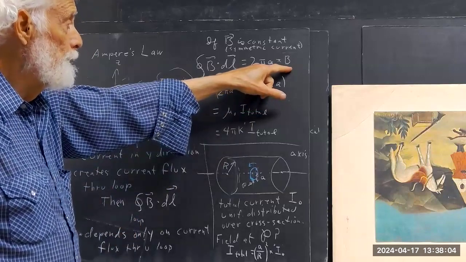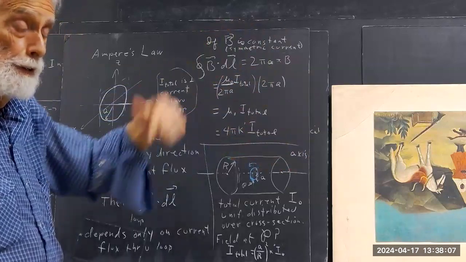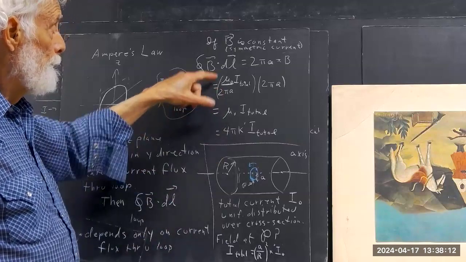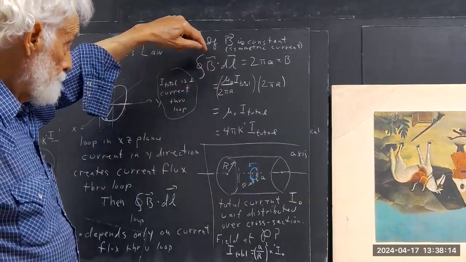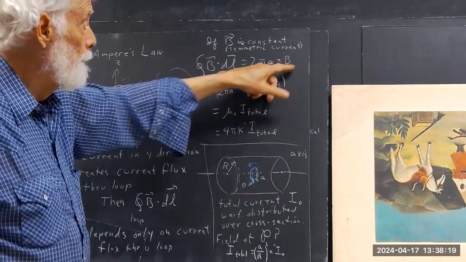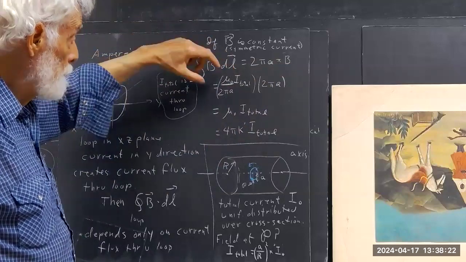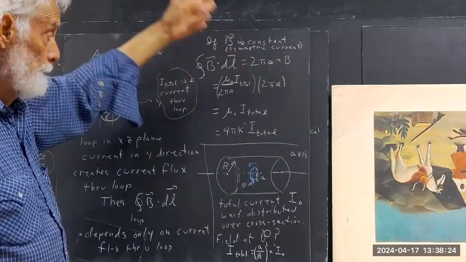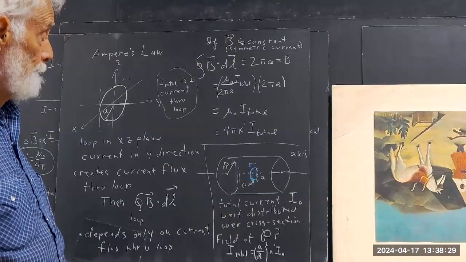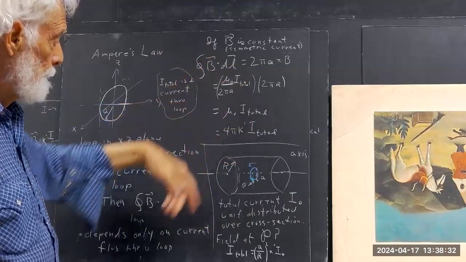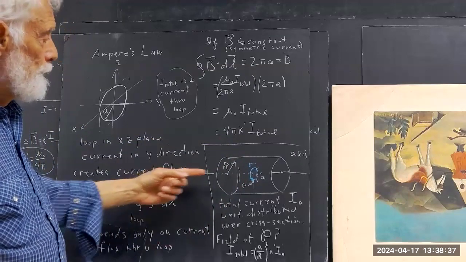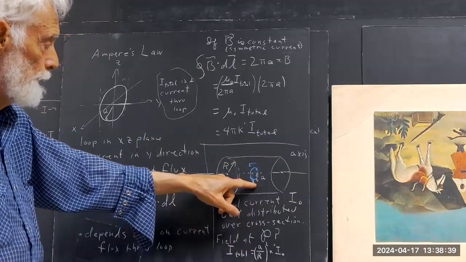If B is constant, then you just multiply B by the circumference and you get the integral around the loop. That integral has to be mu naught times I total, because the field of a current I within the loop is mu naught I over 2 pi a. Multiply that by the 2 pi a circumference, and you get mu naught I.